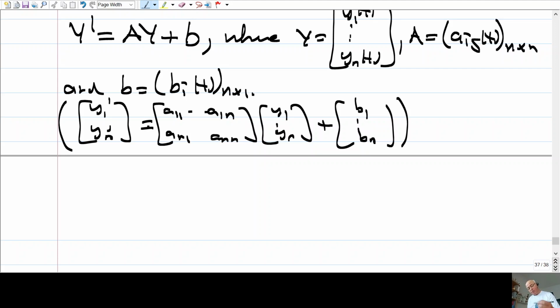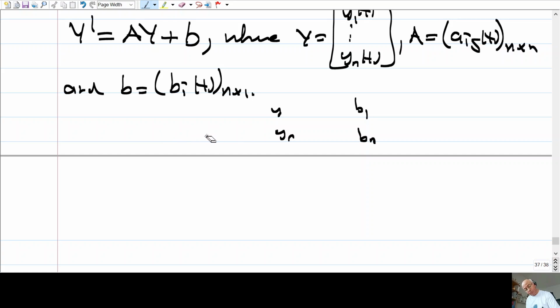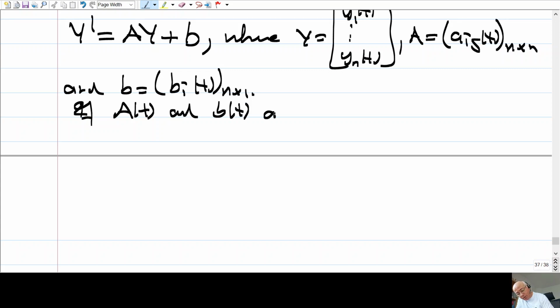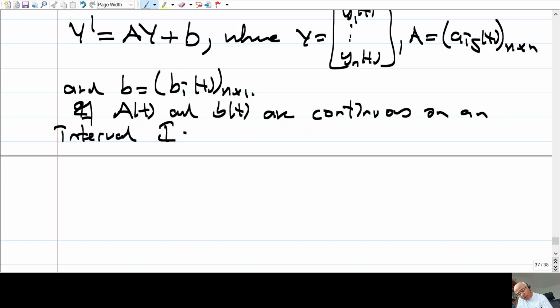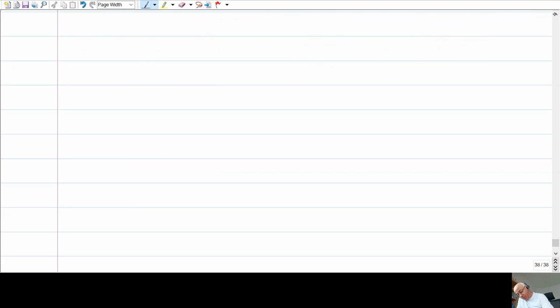A and B, functions of matrices, if they are continuous on an interval, let me say alpha beta, then any initial value problem of this type.